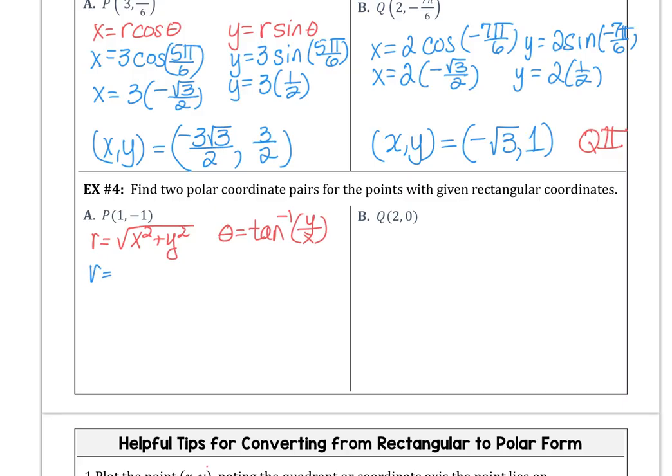R is the square root of 1 squared plus negative 1 squared, so our R value is square root of 2. And our angle is going to be the angle where tangent is negative 1. Using the inverse function, our angle measurement is negative pi over 4.